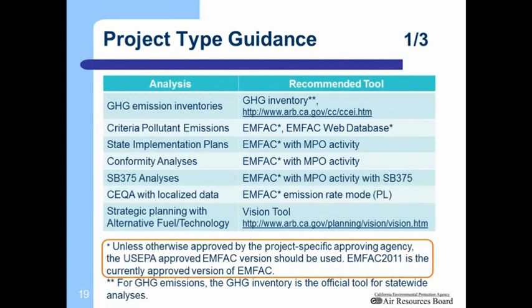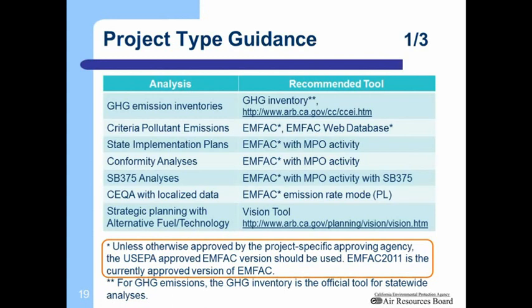Before getting into this table, we would like to emphasize that ARB submitted EMFAC2014 to US EPA, and EPA is in the process of reviewing our submittal package. Prior to receiving EPA's approval, the official EMFAC model is EMFAC2011.